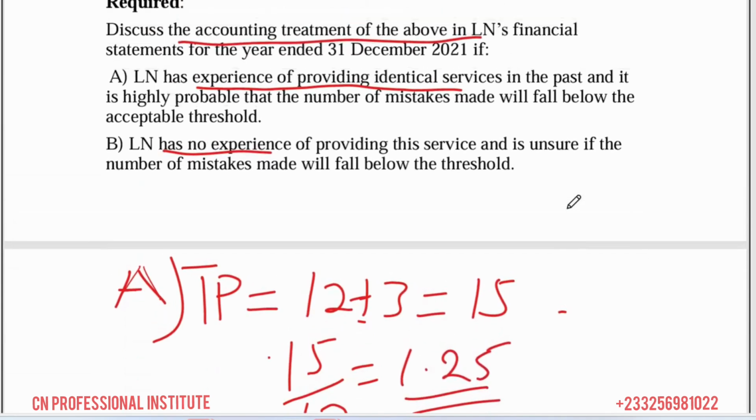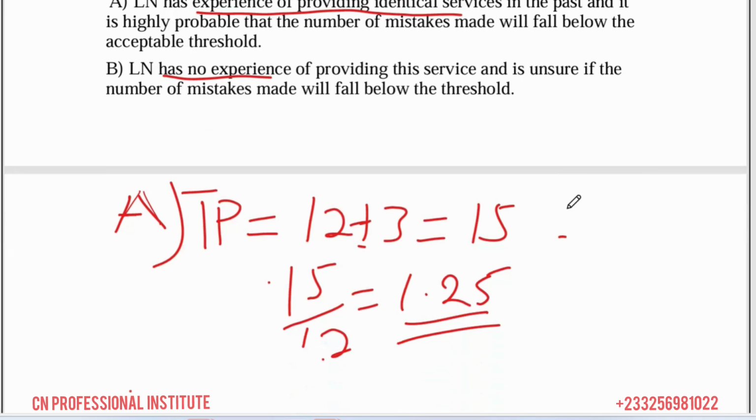Why? Because Ellen has experience in providing identical services, and it is probable that the number of mistakes will fall below the threshold. So if we include the variable consideration of 3 million in the transaction price, it is very probable that we will not go back and reverse the cumulative amount of revenue that we've recognized.